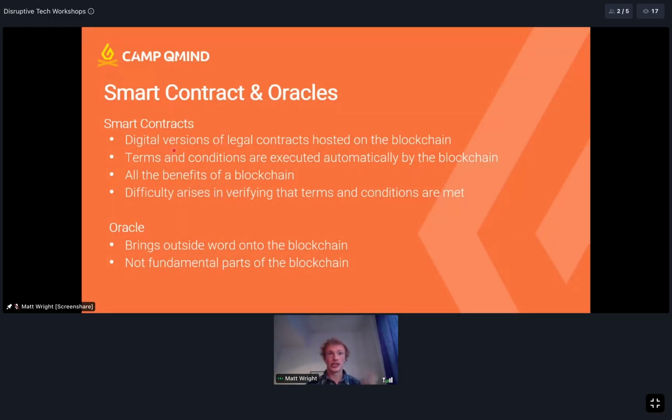It has terms and conditions just like a legal contract, but it's written in machine readable code. And then the blockchain automatically executes the contract based on these conditions. So it's got all the benefits of a blockchain. People are honest and they participate fairly because it's out of their hands.